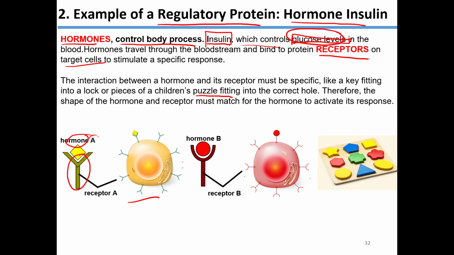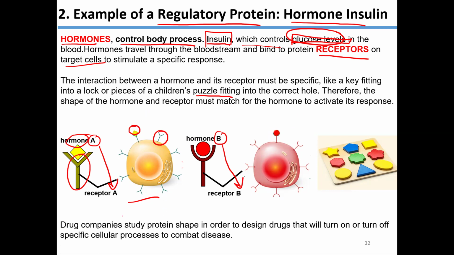Only hormone A is going to match with receptor A. Hormone B is only going to match with receptor B. So in order for this process to happen, the receptor, which is a protein, can only accept the hormone that matches it. Just like a puzzle piece, only certain pieces fit together because the receptor is specifically shaped for those hormones.